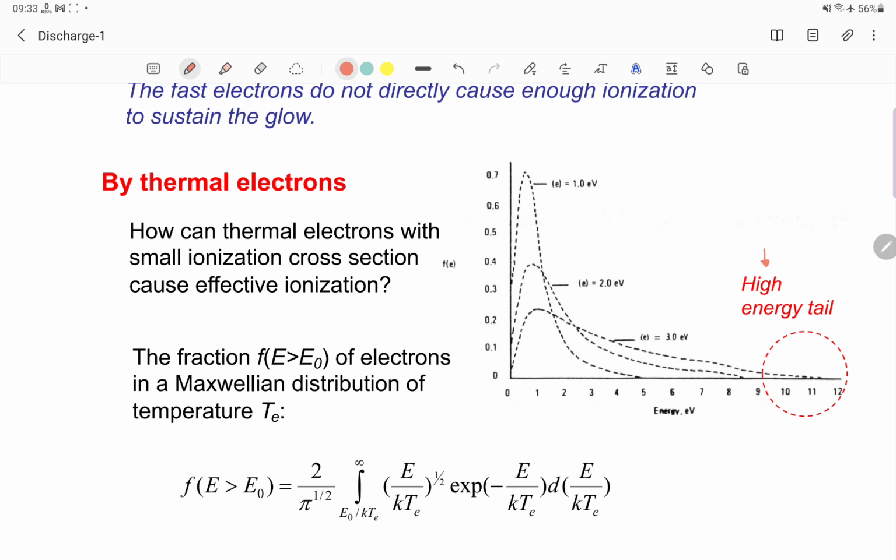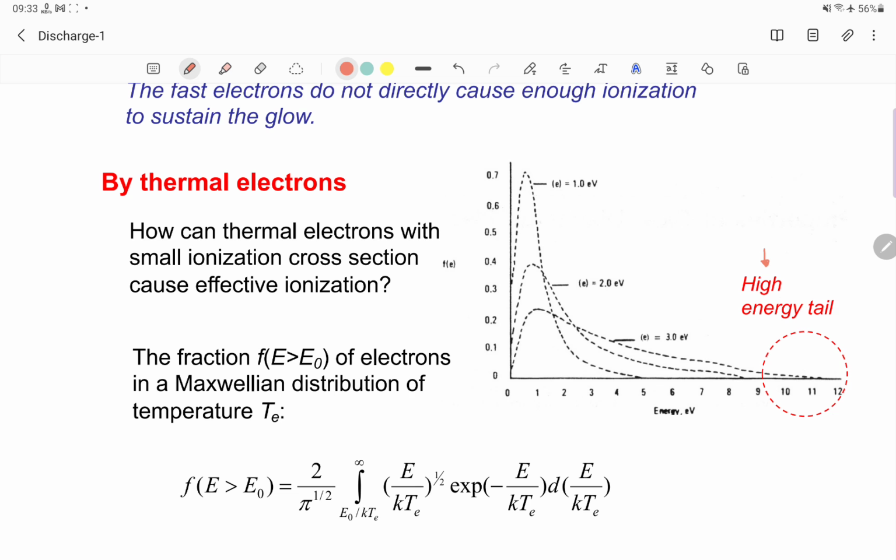So if there is a small ratio of the high energy tail, these electrons might have enough density to undergo the ionization process. So the most important part in the negative glow region is the thermal electrons.